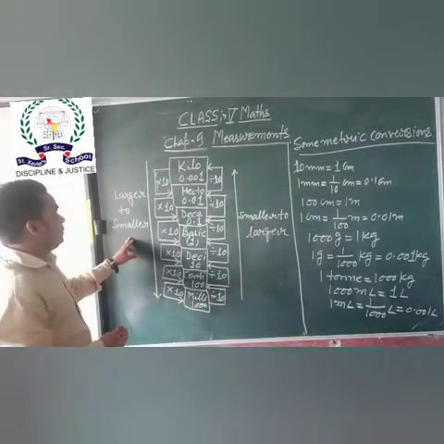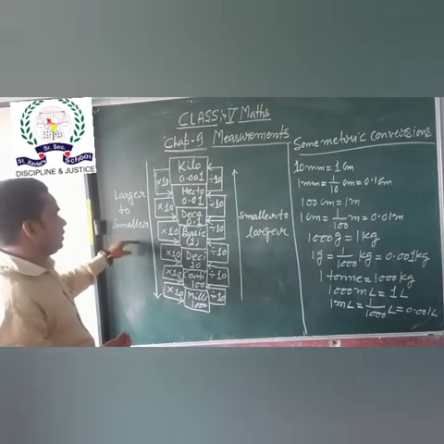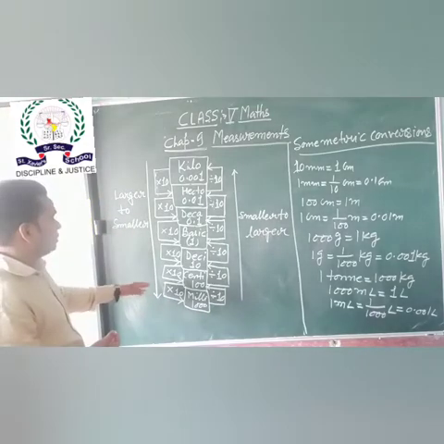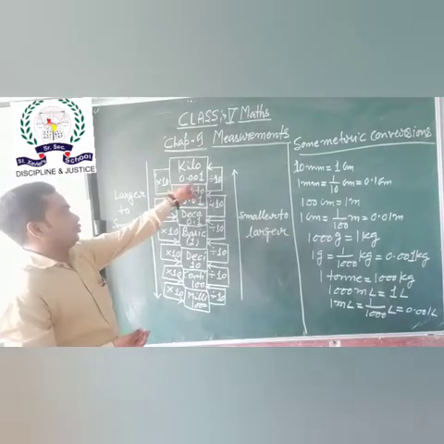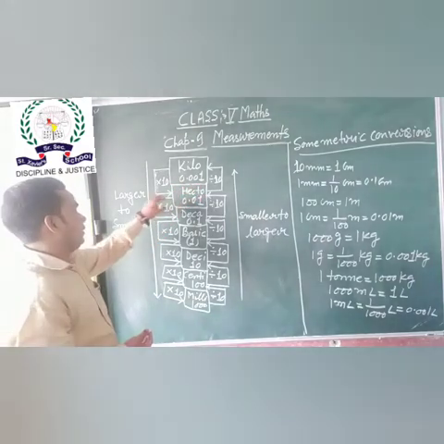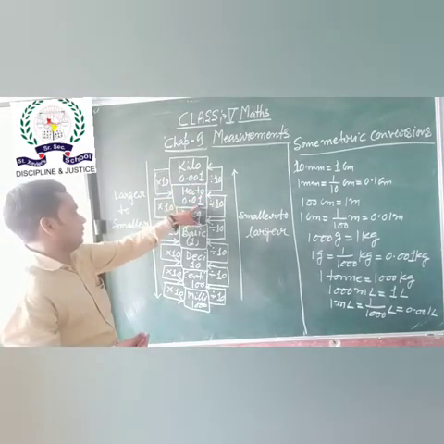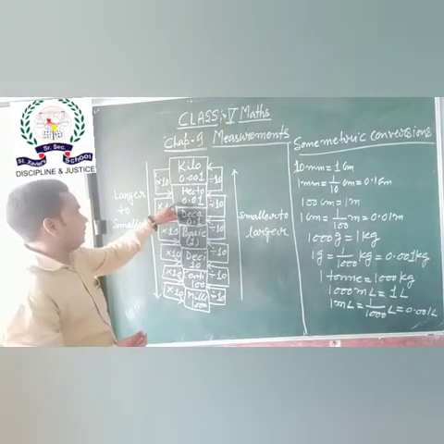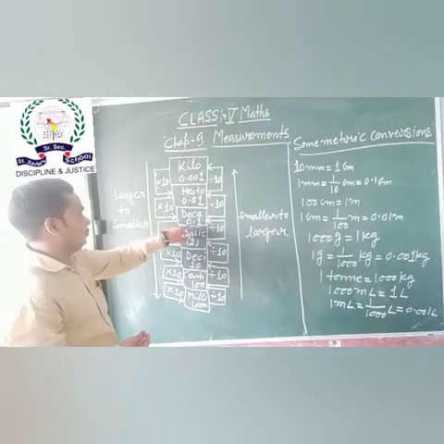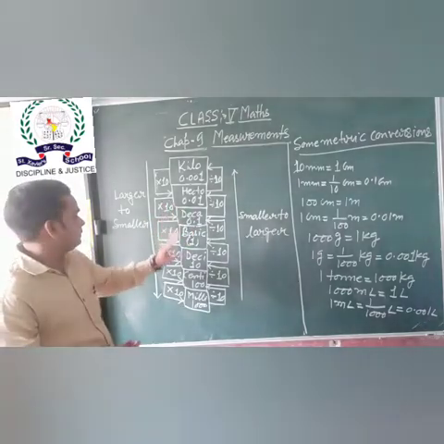On the left side, we have larger to smaller. 0.001, if we multiply it by 10, we get 0.01, that is hecto. Then again multiply by 10, we have 0.1, that is deca.